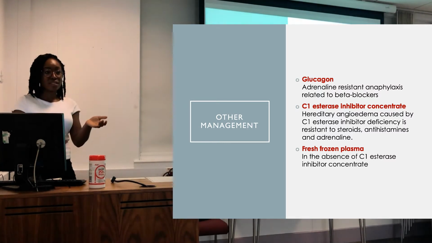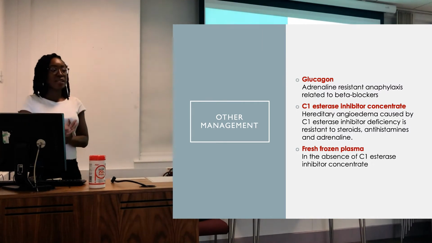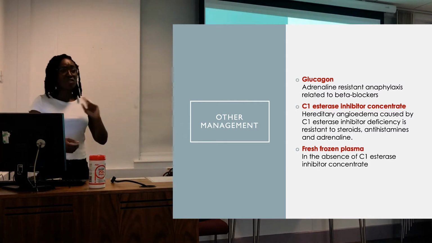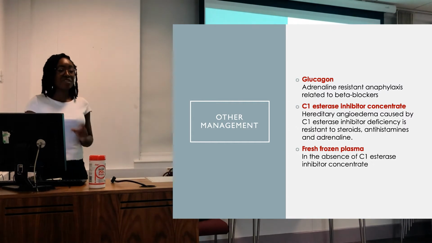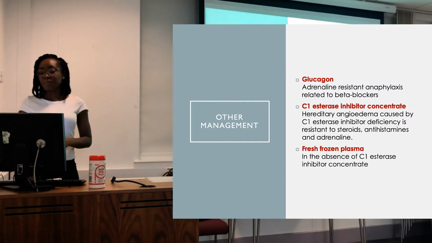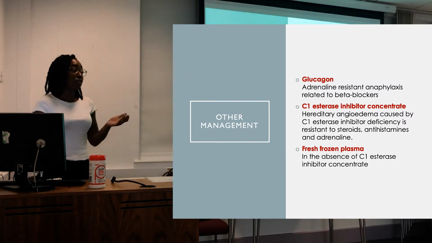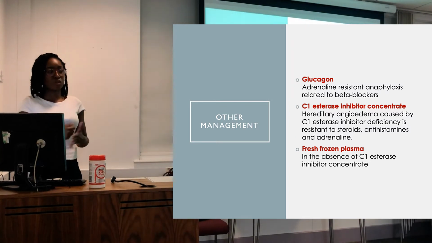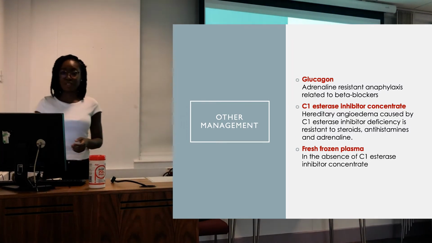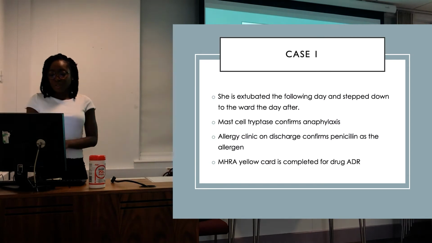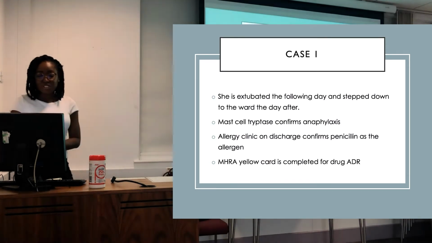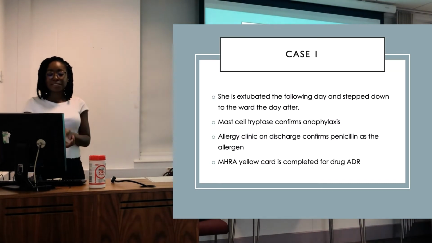And in those cases, you'll give them C1 esterase inhibitor concentrate. Most patients actually have their own, so when they have an attack, they come to hospital with it. But if for whatever reason they don't have it, you can give fresh frozen plasma because it also has C1 esterase inhibitor in there.